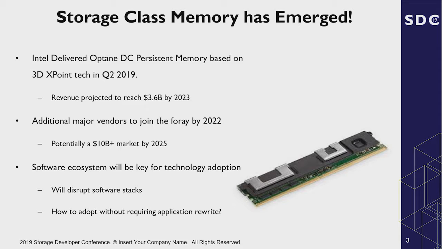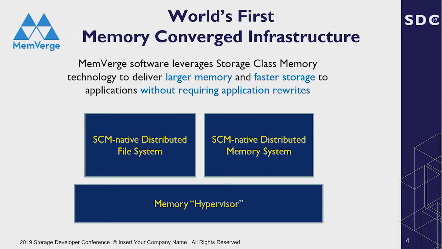But it's not so easy to rewrite your existing database, existing big data platform, existing machine learning platform to this new API. So that's where we come in. Really, MemVerge, we are focusing on creating a layer of software that can help the adoption of this new hardware by existing applications, as well as future applications.